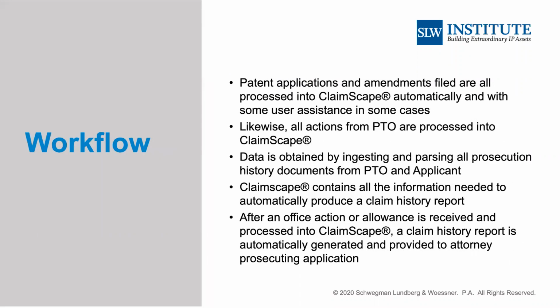So as far as integrating this into the workflow for us, when you're doing prosecution, it's really helpful for these reports to come in a timely manner. So we strive to make sure that we have up-to-date data at any given time.